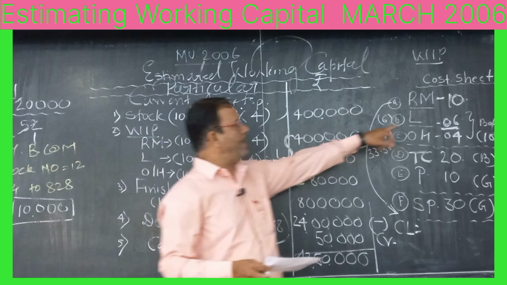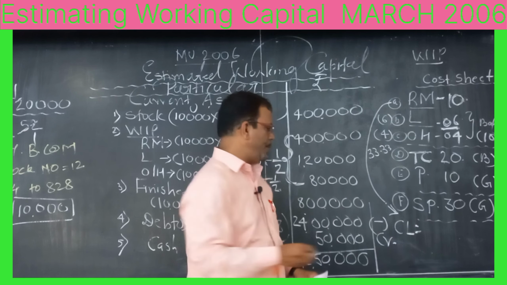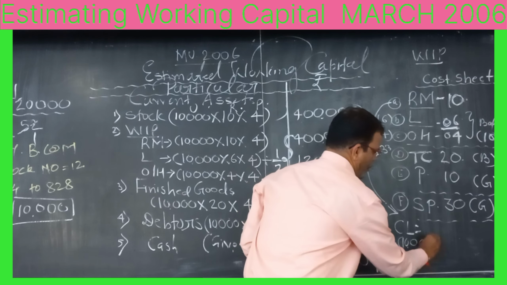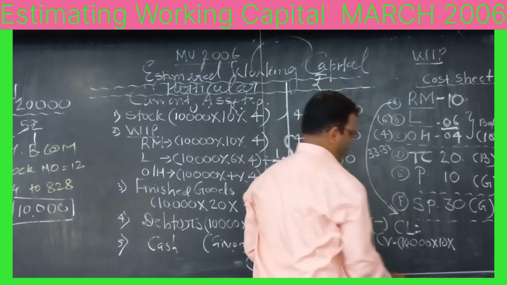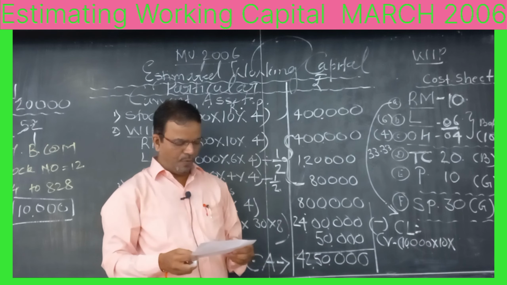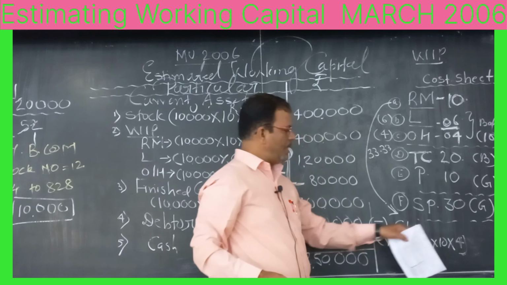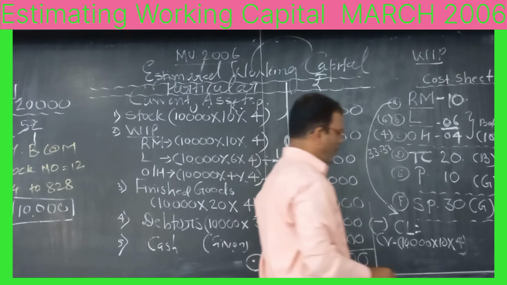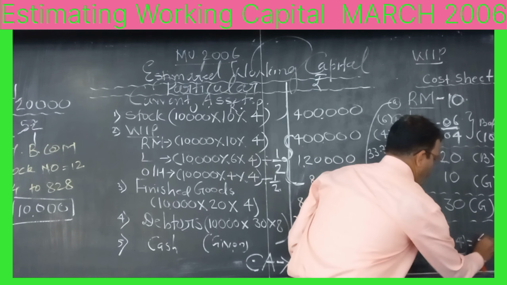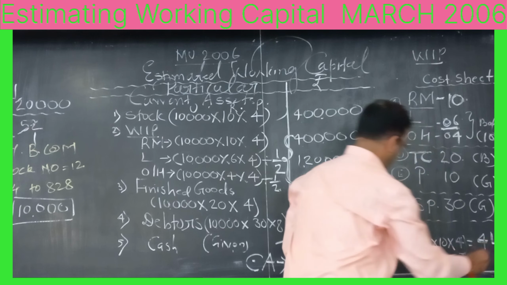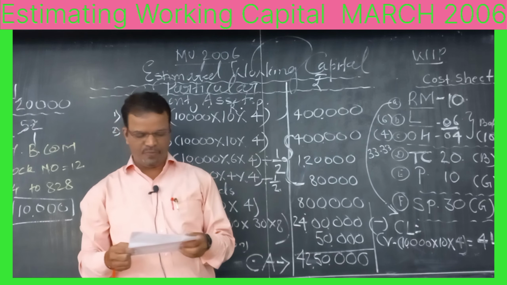Raw material rate is 10. So 10,000 into 10. And the period given is 4 weeks. So 10,000 into 10, 1 lakh. 1 lakh into 4, 4 lakhs. So creditors amount to 4 lakhs.